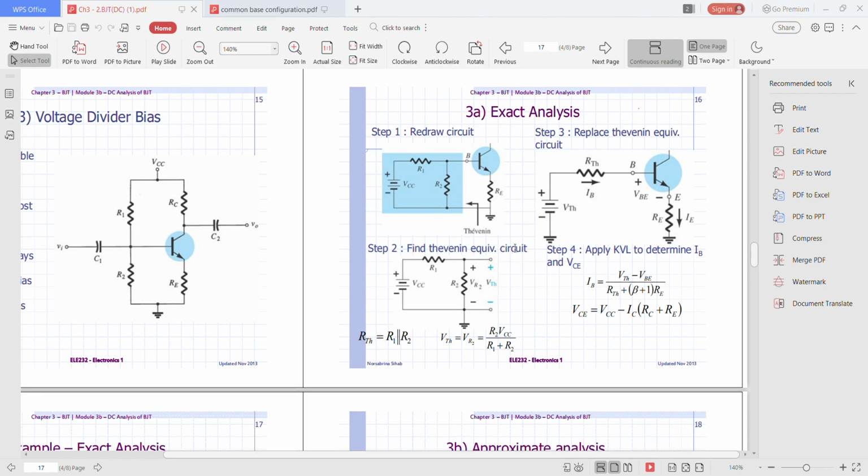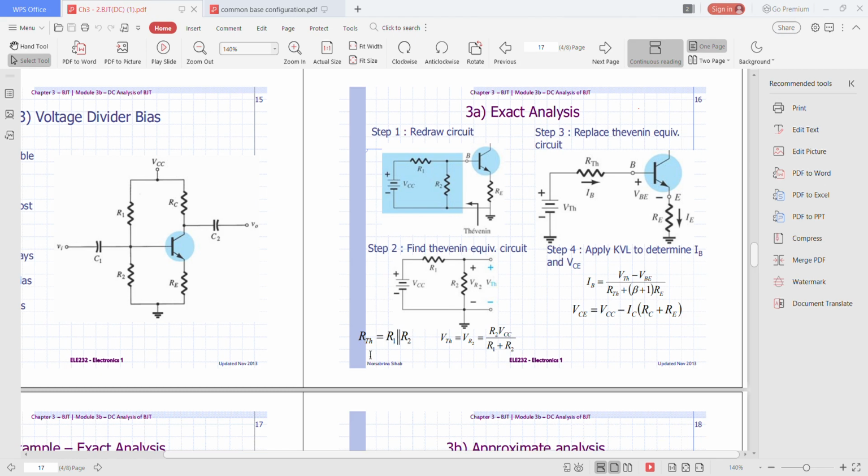In order to find the Thevenin equivalent circuit, there are two things that you need to bear in mind. The first one is RTH, or Thevenin resistance, and the other one is VTH, or Thevenin voltage.